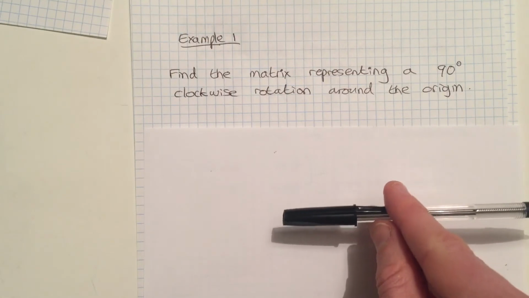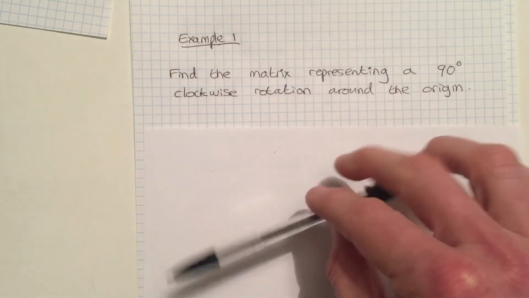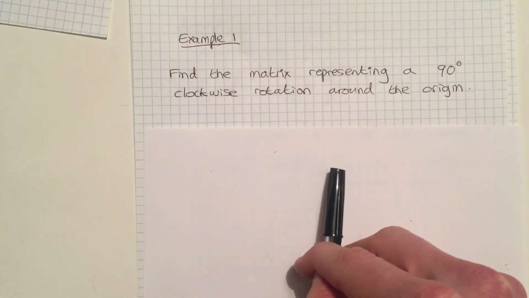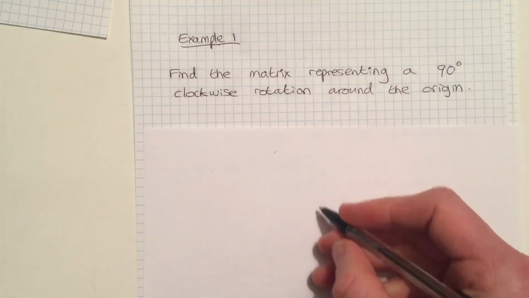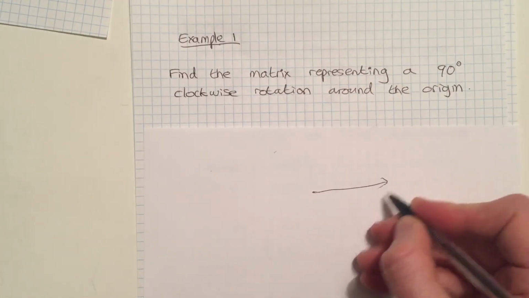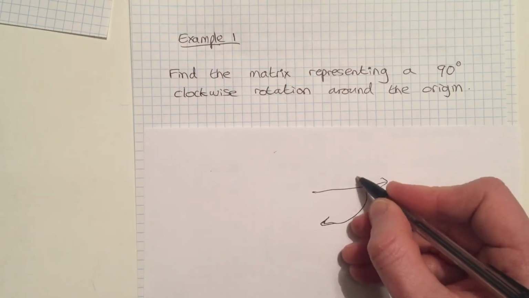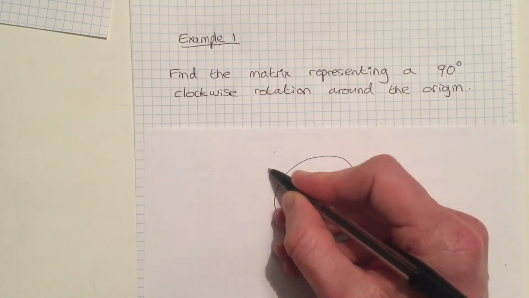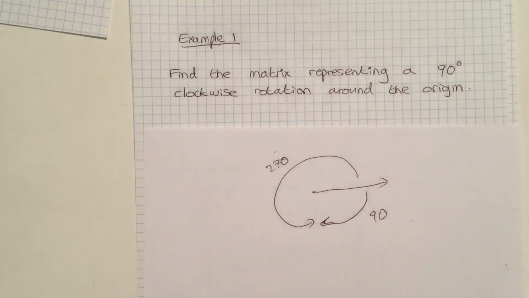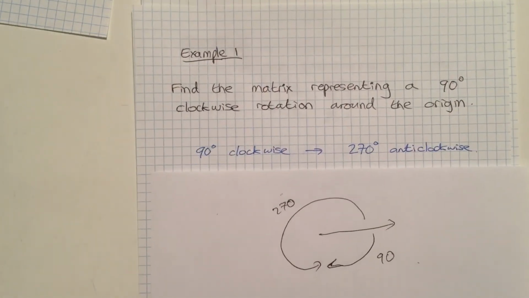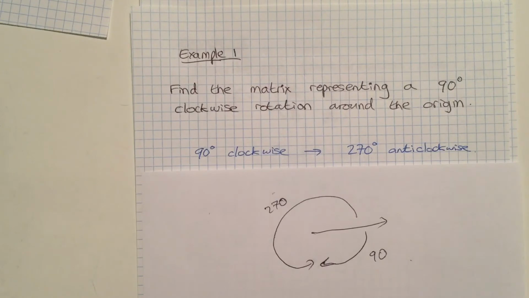So therefore, anti-clockwise, that's the same as a 270-degree rotation. Let me just repeat that. If I have a 90-degree rotation clockwise, that's the same as a 270-degree rotation anti-clockwise. So, therefore, theta is 270.